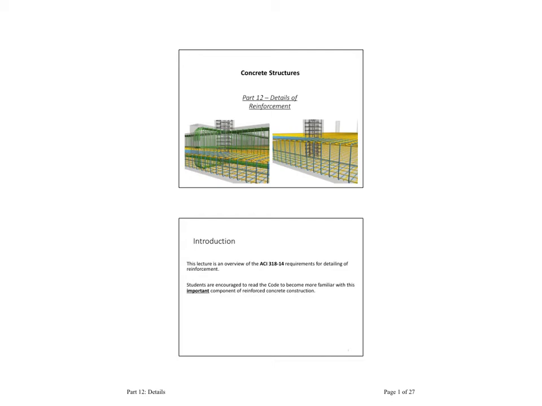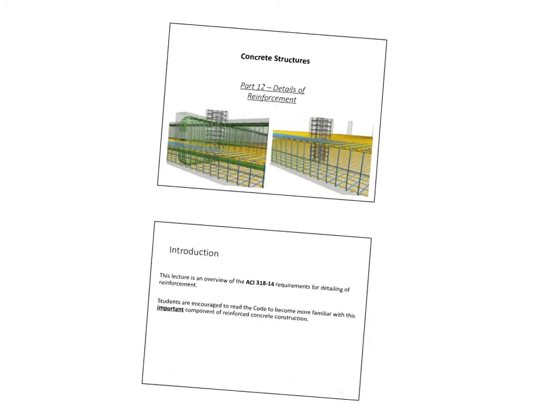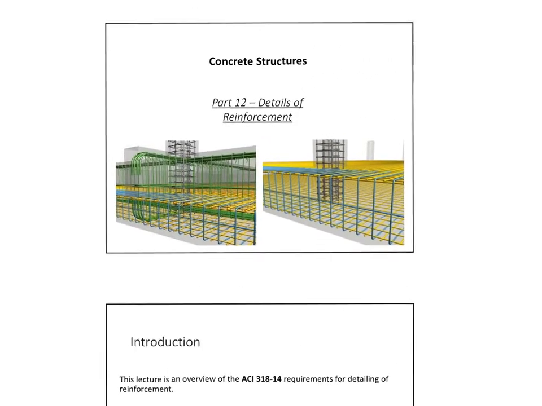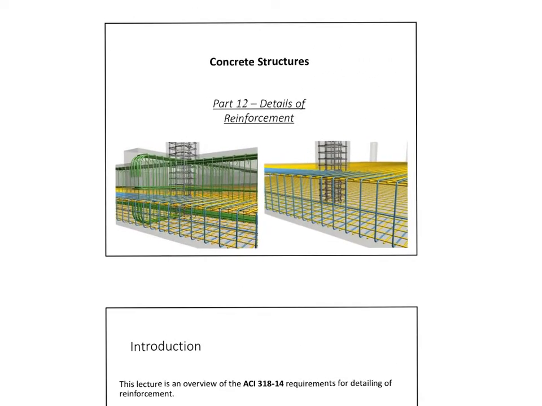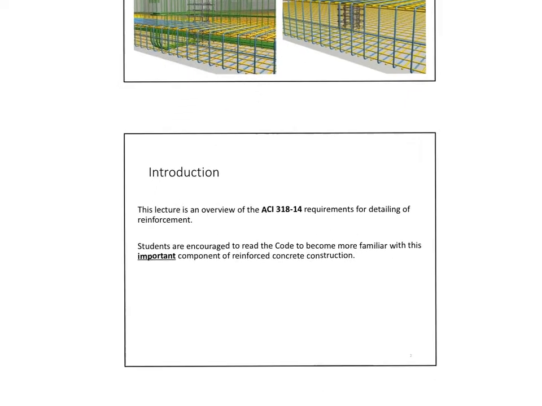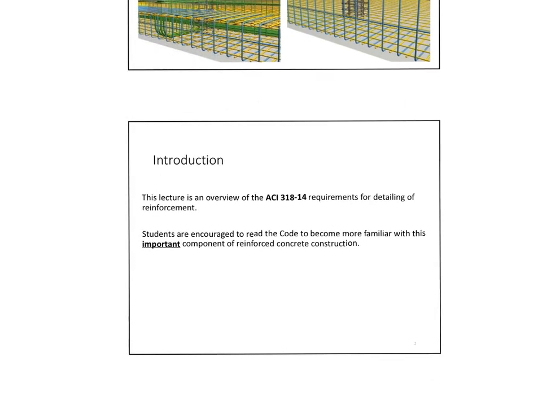In chapter 12, we're talking about the details of reinforcement: how we place reinforcement, how much length we have, spacings between bars, hooks, bends, all of these different things that we have to care about during the placement of reinforcement to allow us to cast concrete properly and to allow us to have the section that is desired for our design.